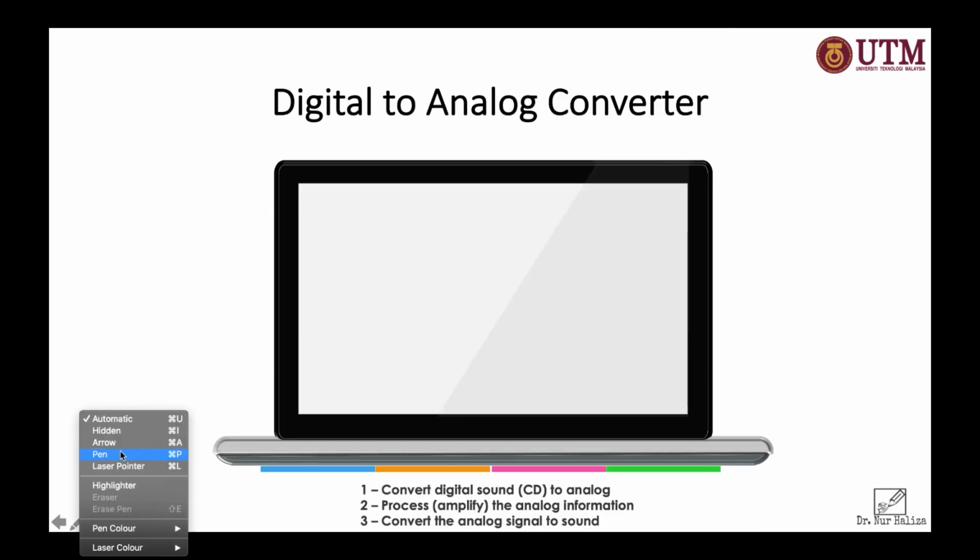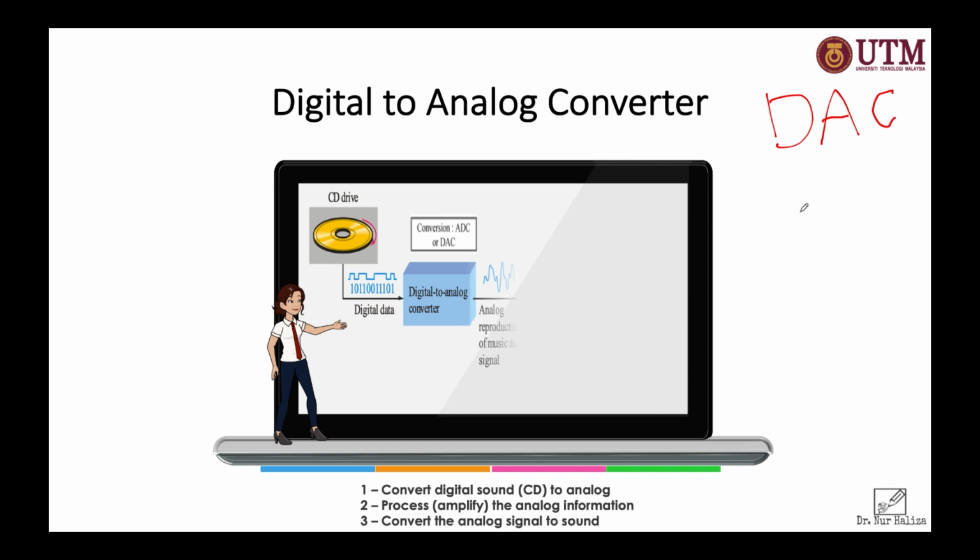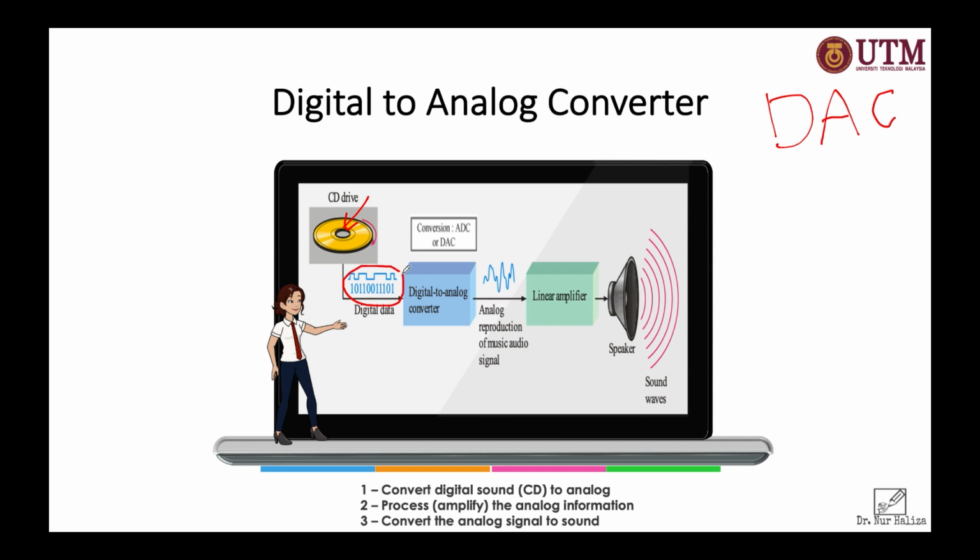As I mentioned, we're going to learn about the digital to analog converter and also the analog to digital converter. For the digital to analog converter, we call it DAC. From here you can see that you convert digital sound from CD to analog. This is your CD drive or your CD, and the CD is in digital form.